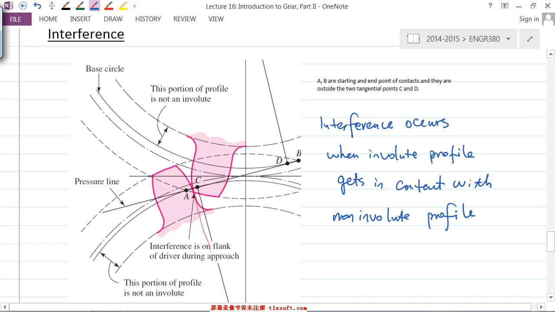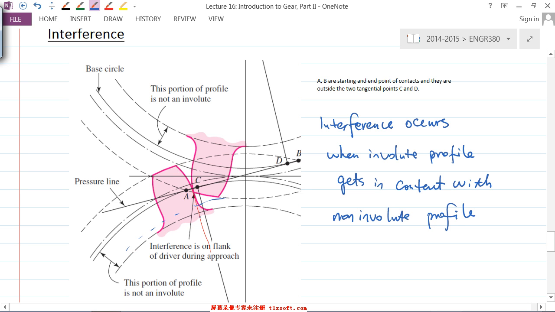Non-involute profile. So take the gear as the case. Where's the involute portion? It starts from the base circle, right? And where is the non-involute portion? It's between the base circle and the addendum circle.